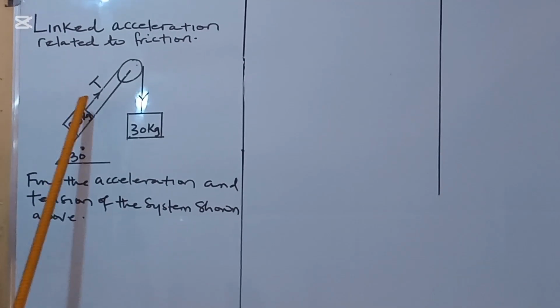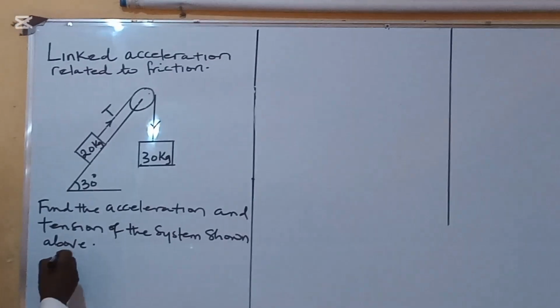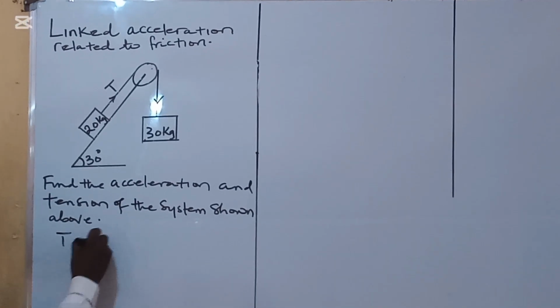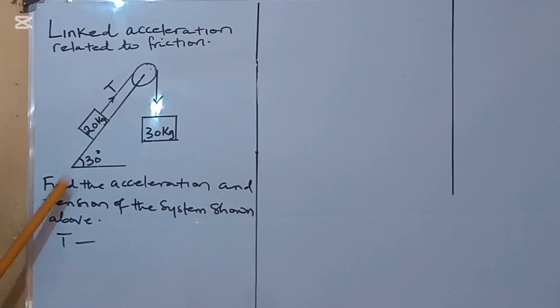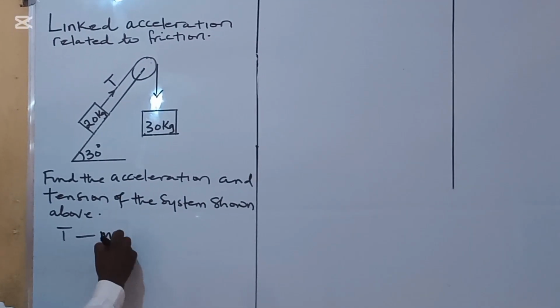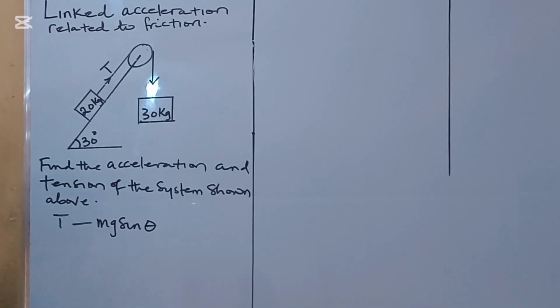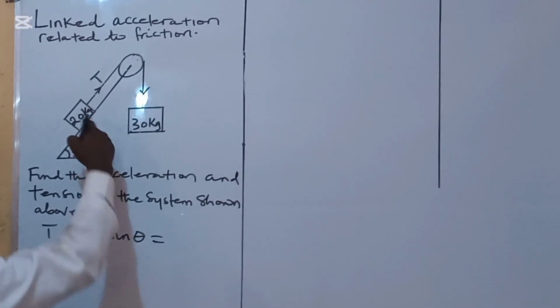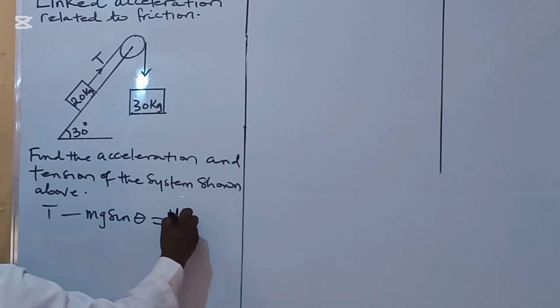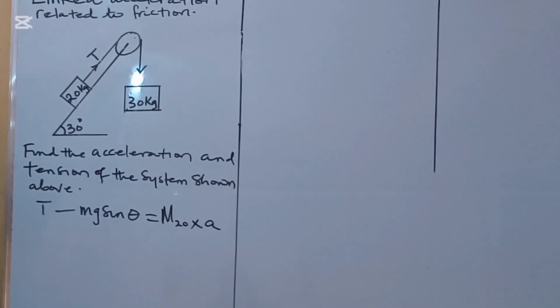Now, if I look at this, the tension T is going towards the right. So I can say T minus mg sin theta, the frictional force going downwards, mg sin theta, is equal to what? Is equal to the mass of 20 kilogram times the common acceleration.